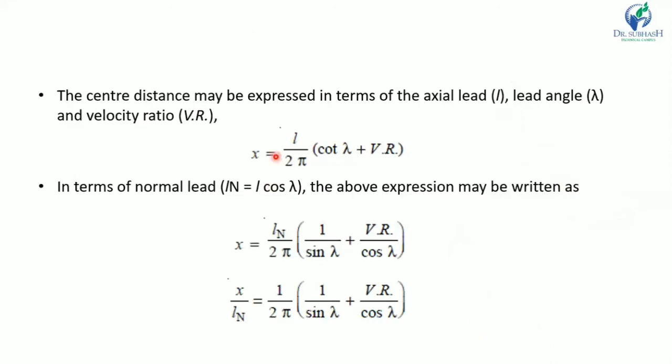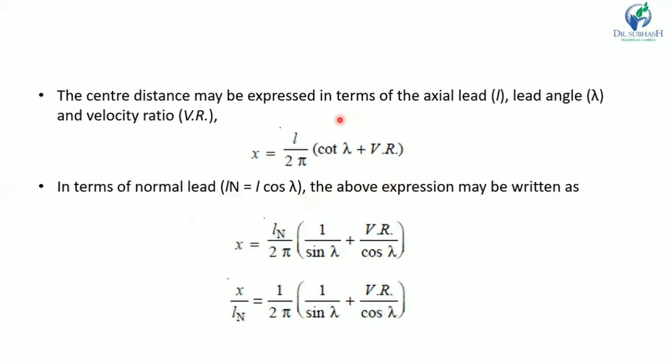Now this center distance may be expressed in terms of axial lead L, lead angle lambda and the velocity ratio. So x is equal to L by 2 pi into (cot lambda plus VR). In terms of normal lead, ln is equal to L cos lambda.